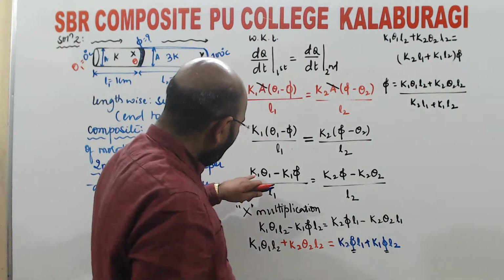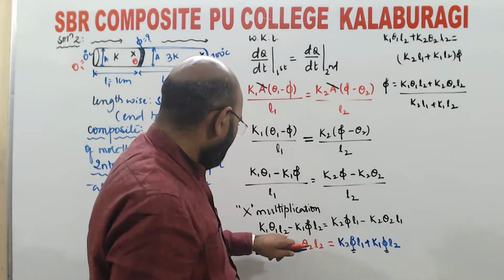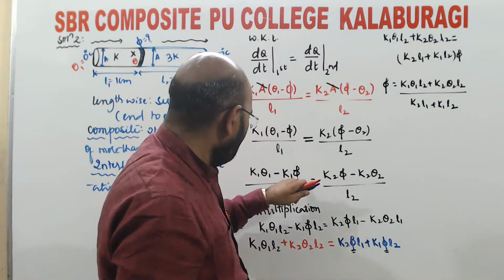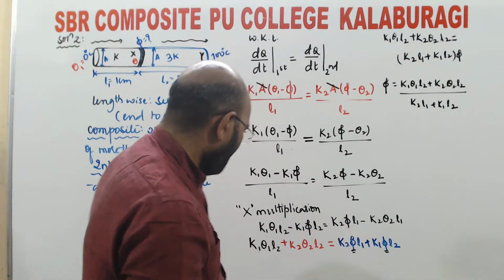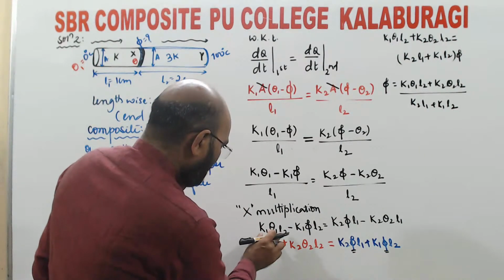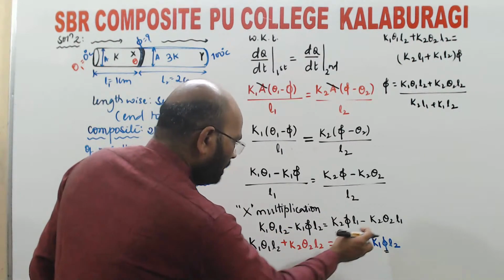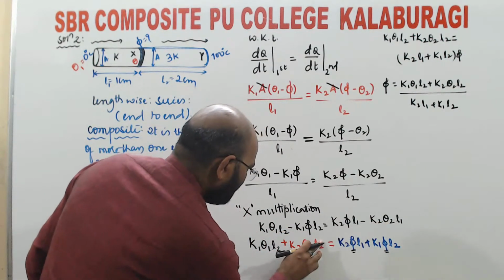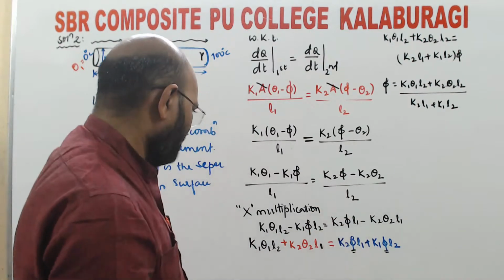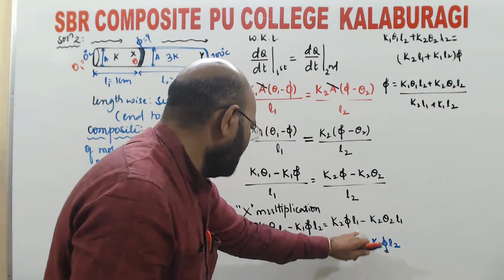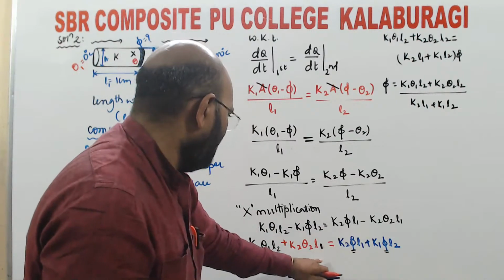Just a minute. Here K1 theta 1 L2 minus K1 phi L2, and the term with K2 will carry L1, so this will be L1, and this will be L2.